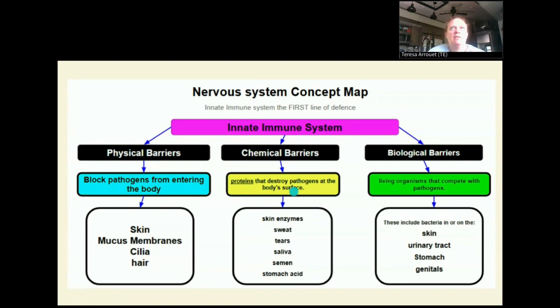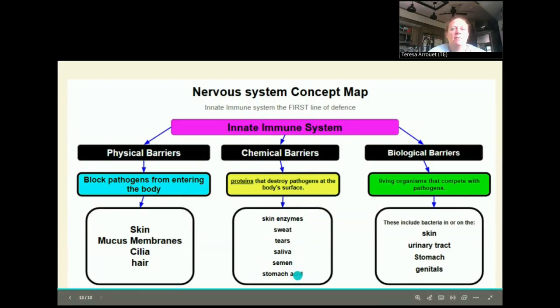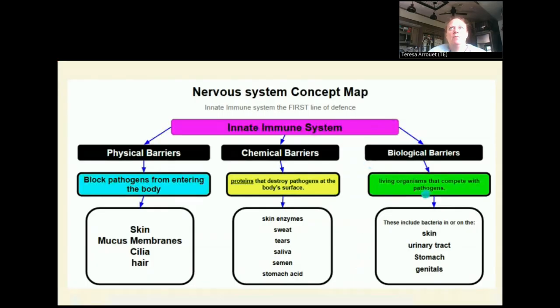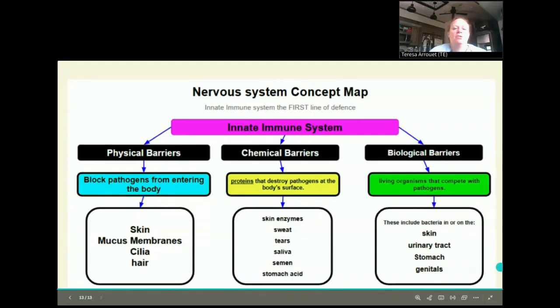These are proteins that destroy pathogens at the body's surface. They can be found in your skin enzymes, sweat, tears, saliva, semen, stomach acid. Then your biological barriers, the living organisms that compete with pathogens, and those include bacteria in or on your skin, urinary tract, stomach, and genitals.